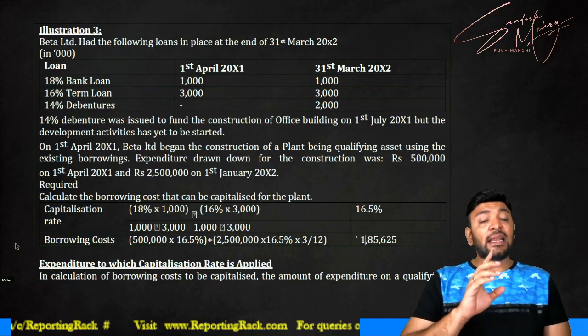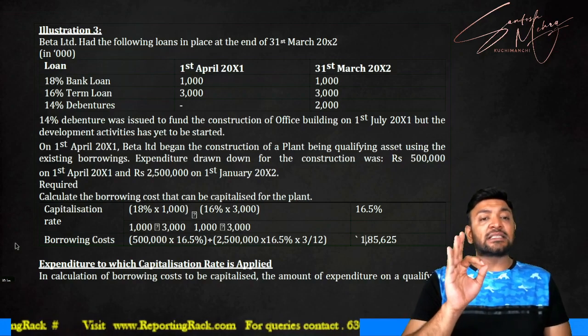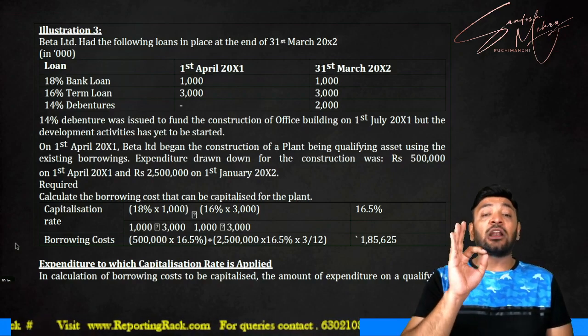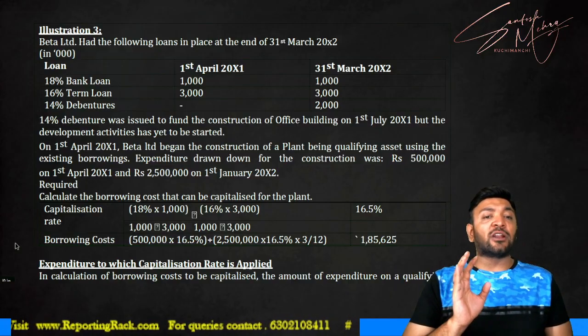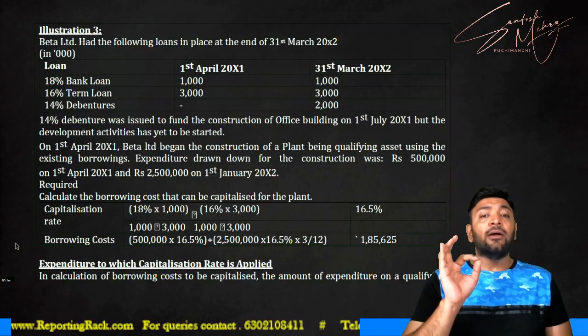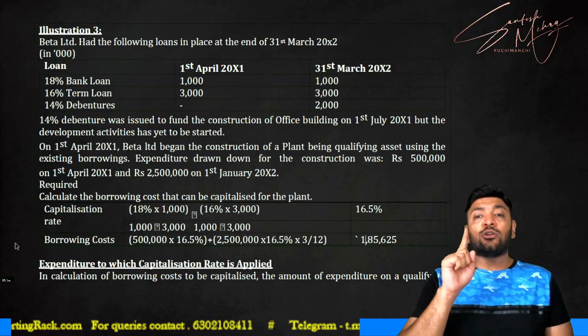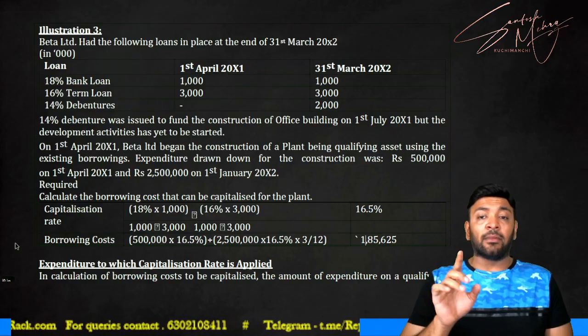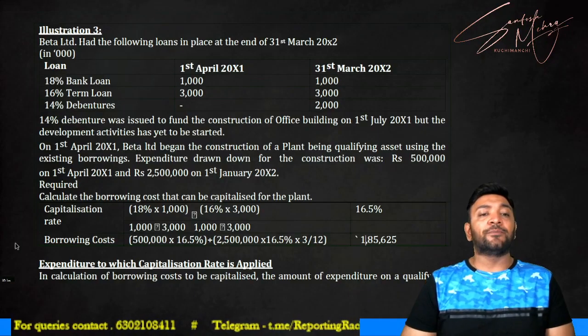But unfortunately, the development activities has not started yet. That means activities necessary for the construction of qualifying asset are not in progress. Since the commencement of capitalization condition is not met, the interest payable on 14% debentures from 1st July to 31st March during the year for 9 months is charged off to P&L. It is not eligible to be capitalized.